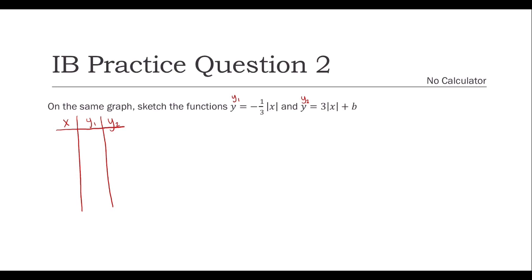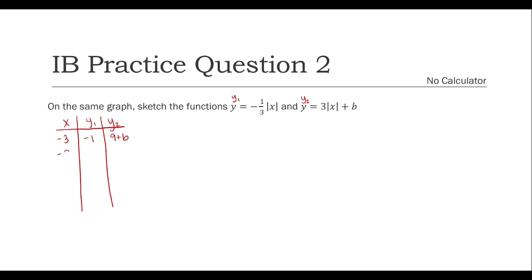So when x equals -3, y1 would be -1/3 times the absolute value of -3, so times 3. So that'll give us -1. And y2 will be 3 times the absolute value of -3, so 3 times 3 is 9 plus b. So this will be 9 plus b.